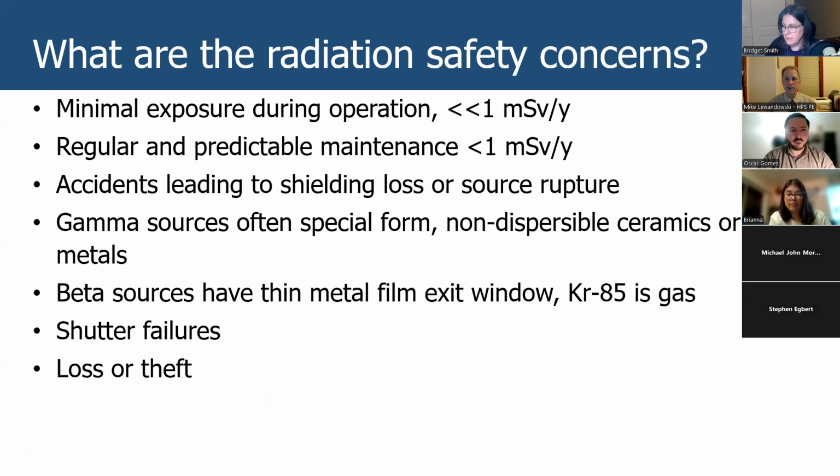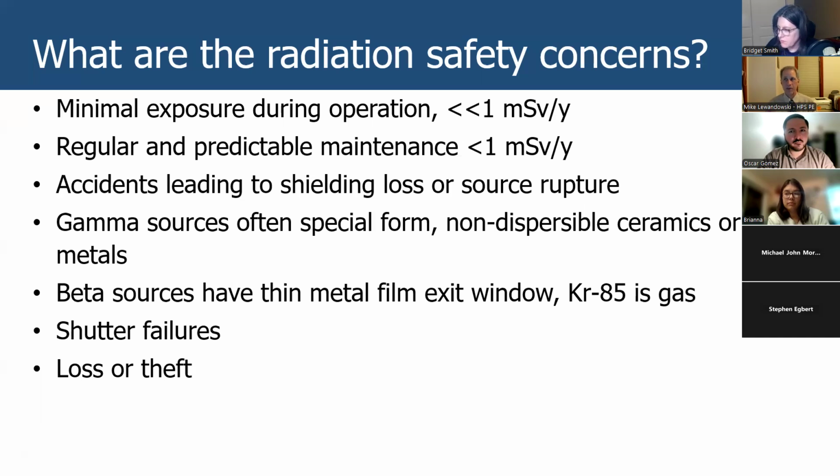All these devices have the ability to terminate the radiation beam by using a shutter, a lead shutter or a tungsten shutter. Even folks who are handling these devices are exposed to levels of radiation which are generally less than a millisievert per year. What we have to be concerned about is accidents that would lead to shielding loss or source rupture.